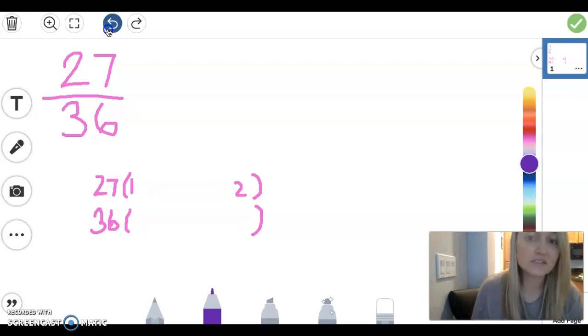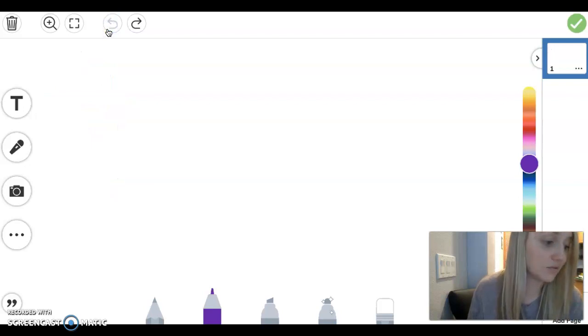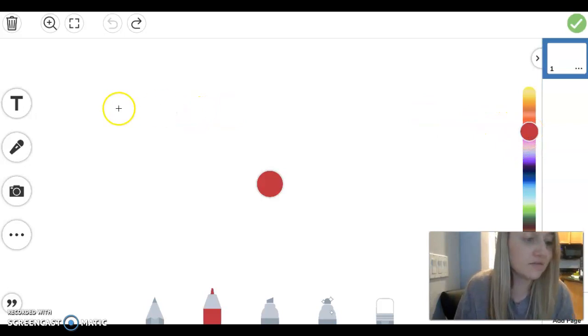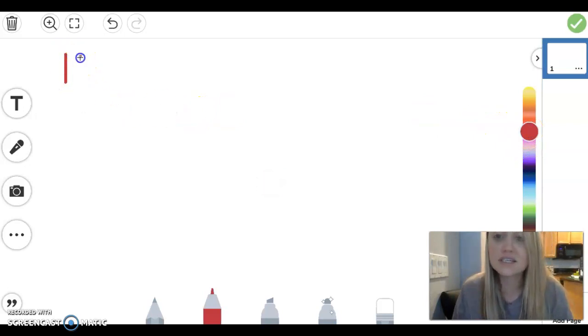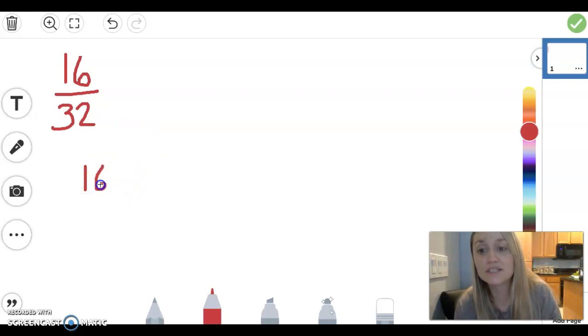Let's look at number 1 on page 227. So we have 16 over 32. If we have 16, I'm going to make my little parentheses a little bigger, and 32.